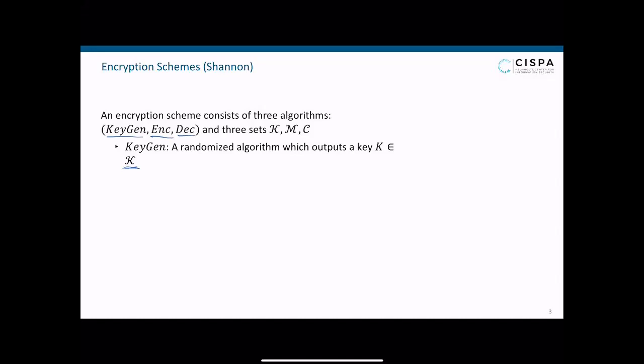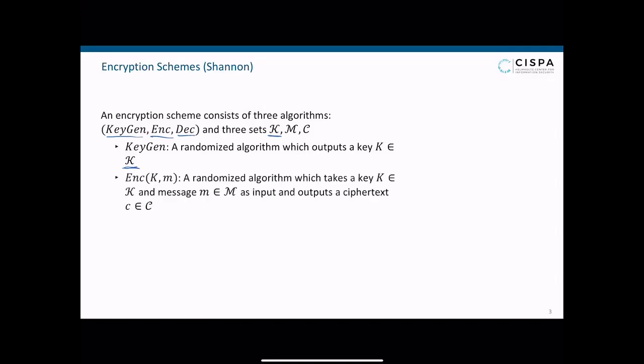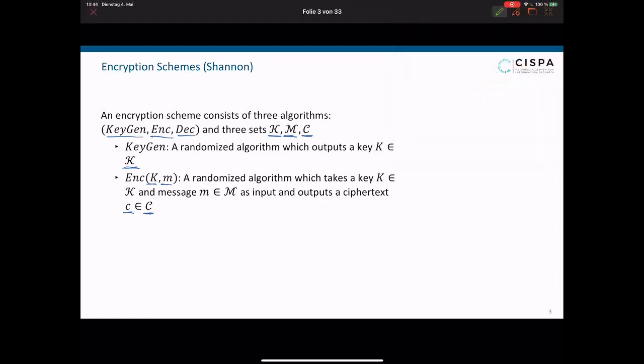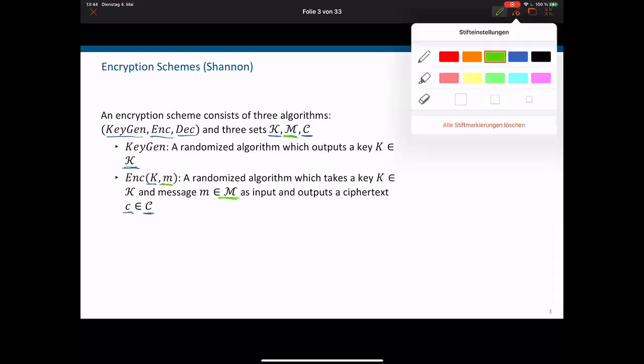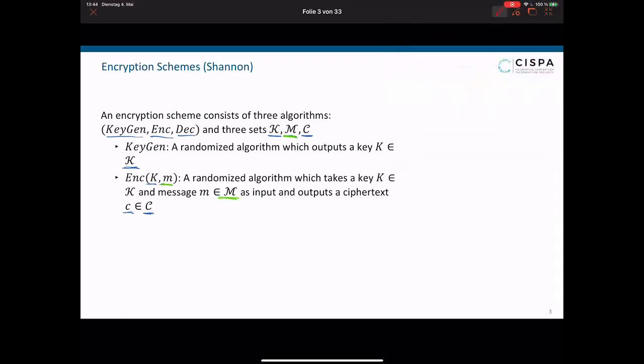So we specify encryption schemes with these three sets. Set K, that's our key space. Now, encryption takes such a key K and a message M and produces a ciphertext C, where the message M comes from this message space, calligraphic M, and the ciphertext C is in the ciphertext space.